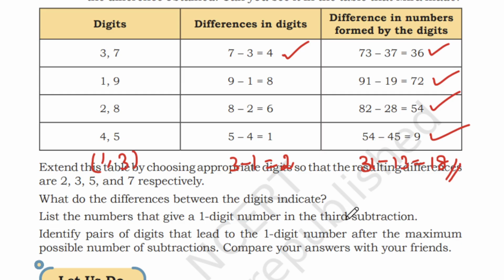Then only the differences, the digits, and the subtractions are correct. If you are not getting a multiple of 9, then you are making a mistake somewhere. Easily you can cross verify. If the difference in digits is 6, then your answer should be 54. That is a multiple of 9.